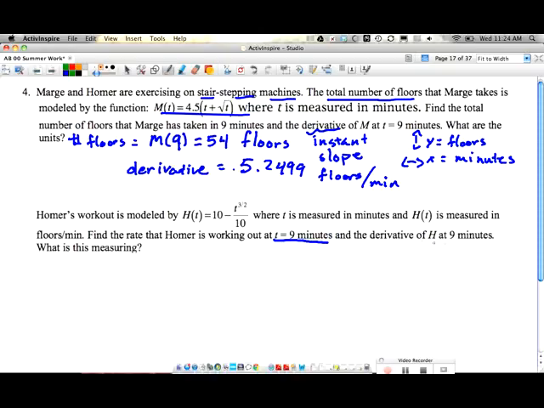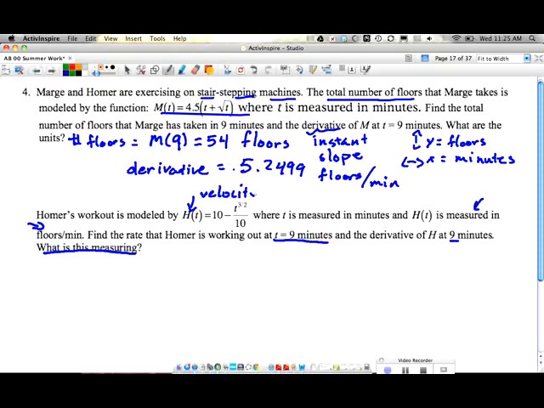What is this measuring? Something weird's happening here, because h of t is measured in floors per minute. So this is a speed or a velocity. This is a rate.